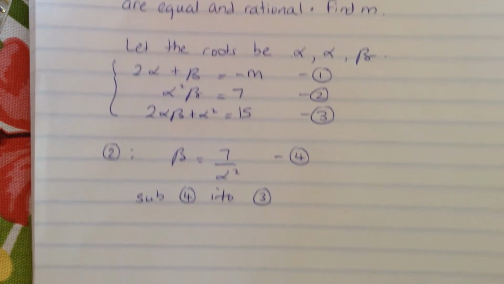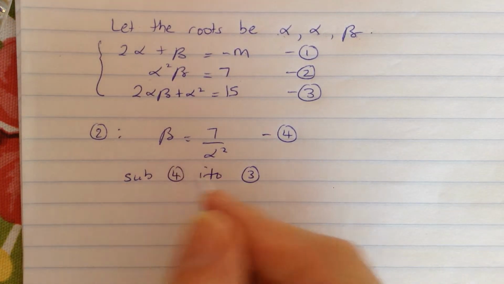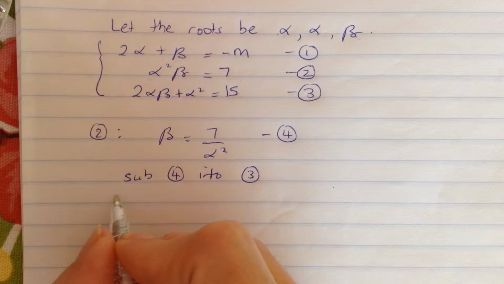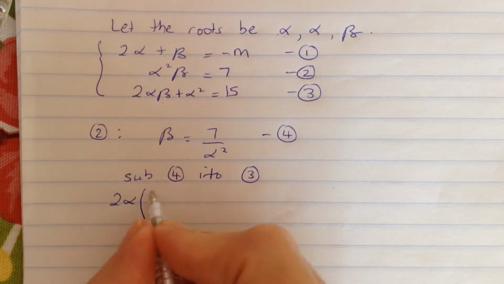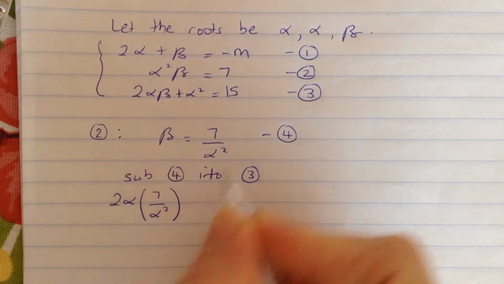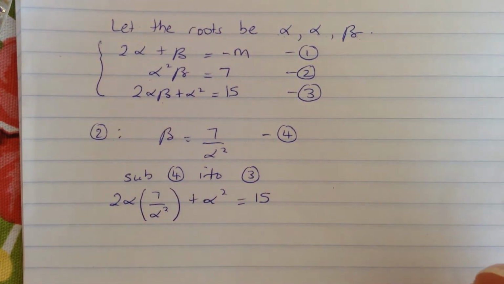So if we do that, we're going to get 2 alpha times beta, which is 7 over alpha squared, plus alpha squared equals 15.